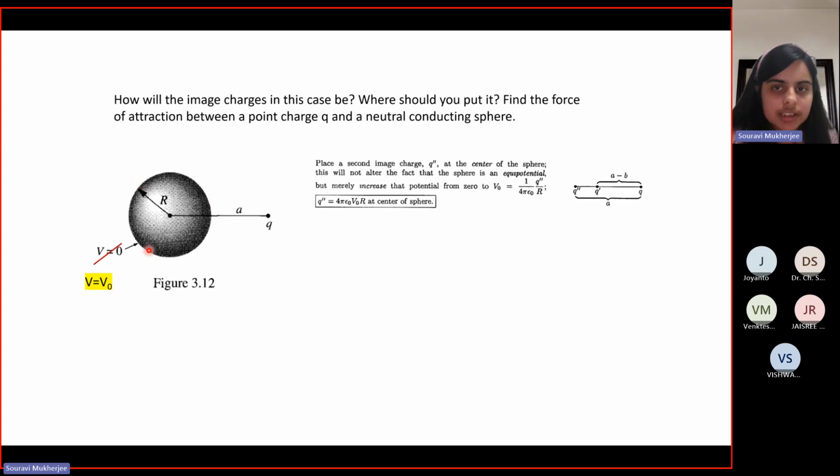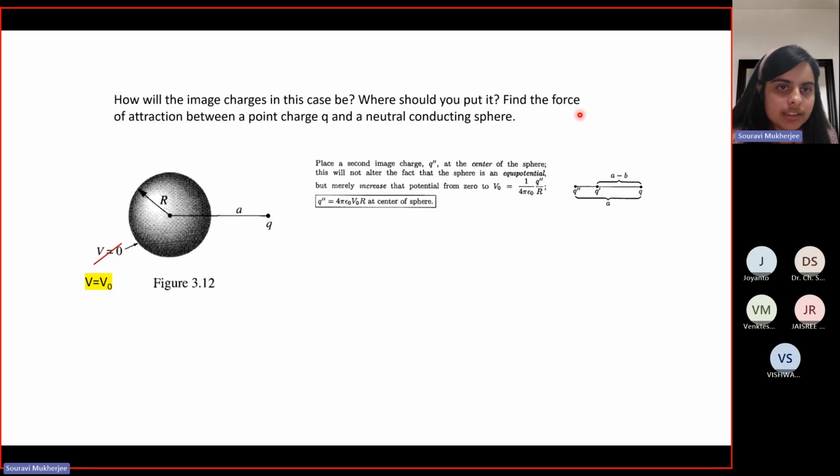So basically what I mean is first you put a Q prime charge, then you put a Q double prime charge at the center such that this condition is satisfied. Your V0 is given, you know what R is, you try to find Q double prime. So now in this case, you have to put two image charges. Okay. So based on your boundary conditions, you have to choose your image charges.